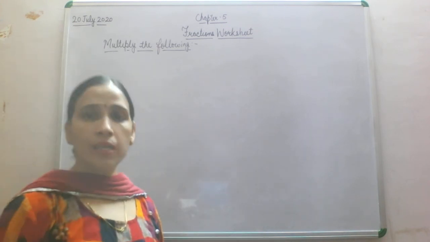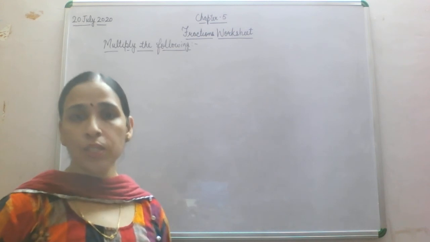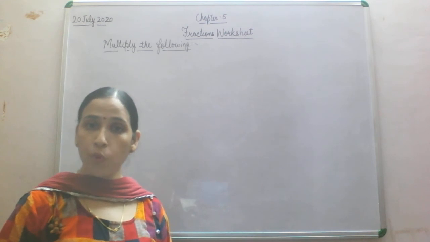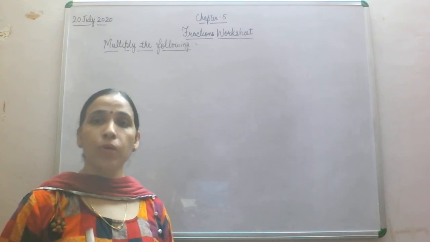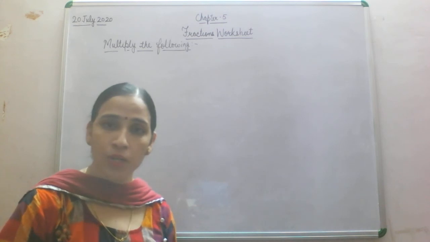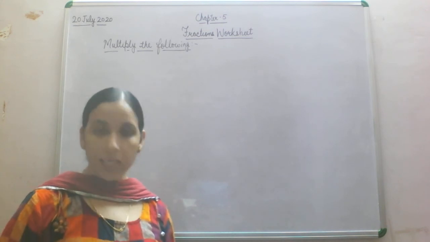So now children, we have seen question number 3 just now. After that we are going to take question number 4. As I told you, we are going to take a little bit typical questions also in our multiplication worksheet. So let's start with that.